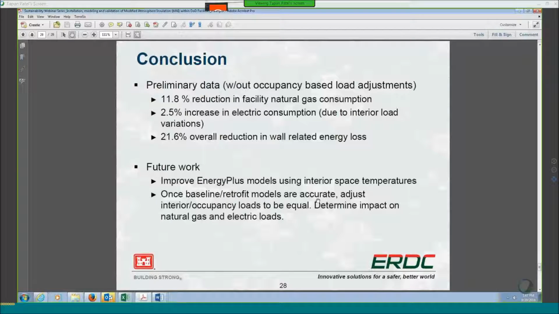What we have learned from our data, and hopefully this is beneficial for future work as we bring this technology to its potential and start rolling out more demonstrations, is that we do see a decent reduction, about 11-12%, in natural gas consumption. As I mentioned earlier, electric consumption actually went up a little bit, but that's because of some other interior electric loads that we did not account for. We also saw a 20% overall reduction in wall-related energy losses.